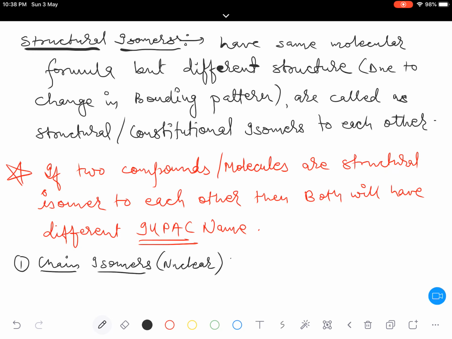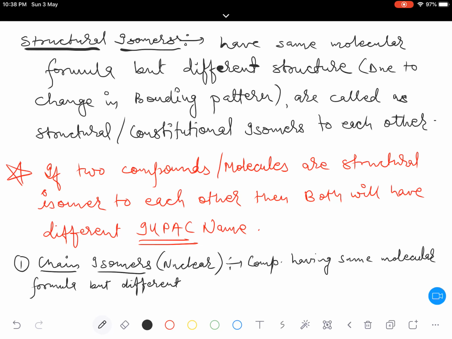Compounds having the same molecular formula but different length of parent chain are called chain isomers to each other.